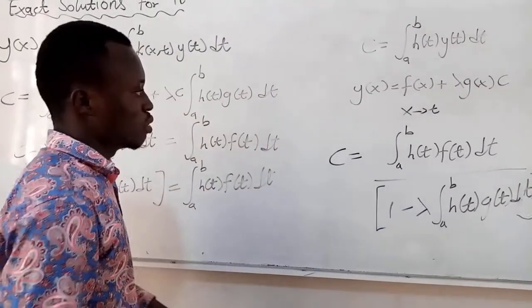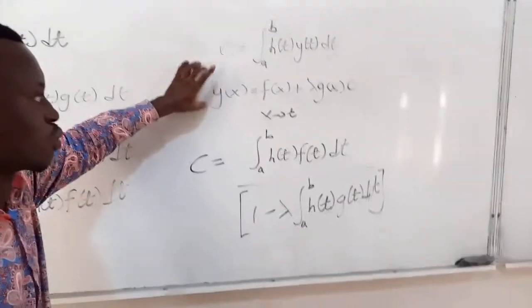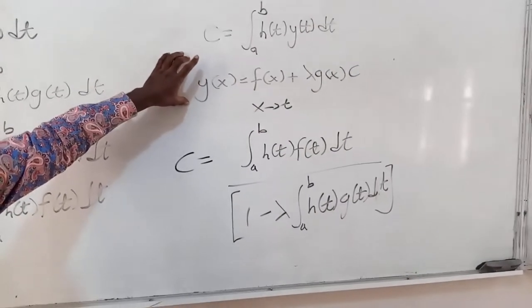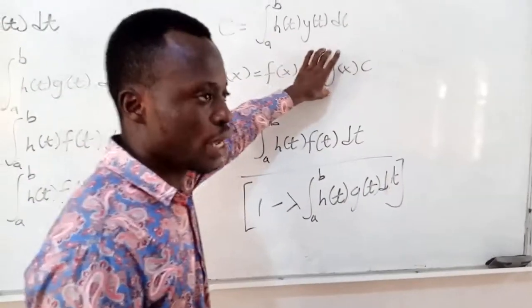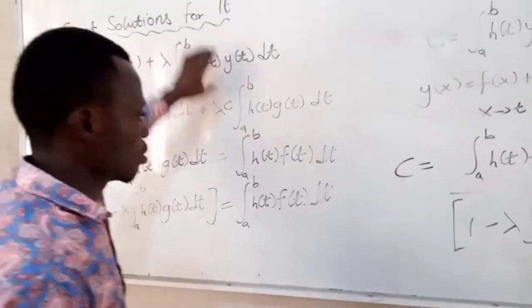So we are able to solve for our c. Now if we substitute this c into this equation, which has an unknown function, that becomes the solution to this integral equation.